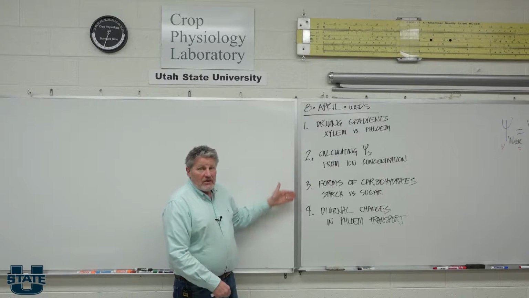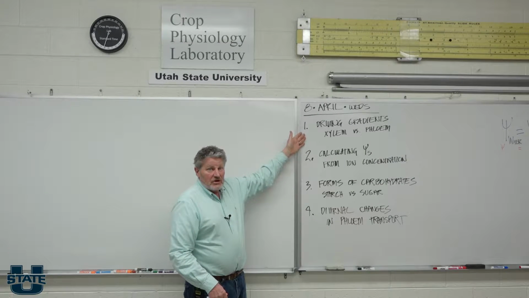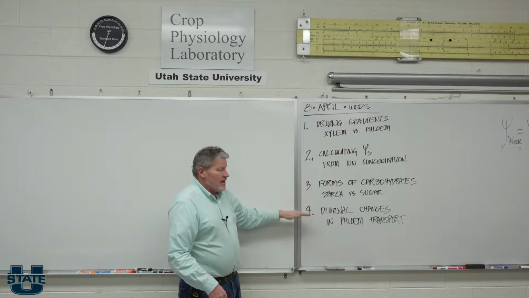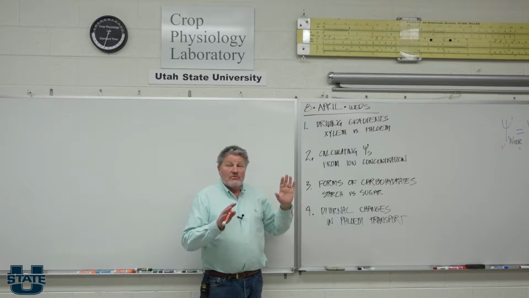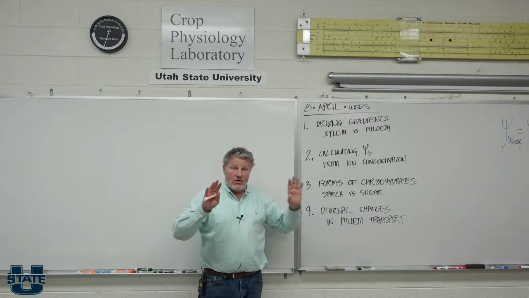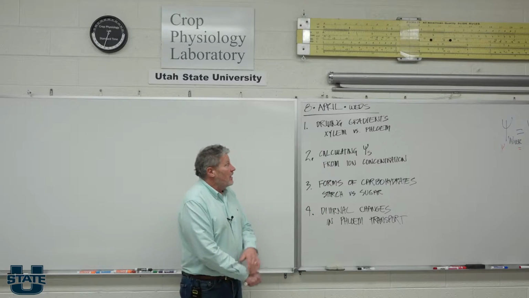This one I'm going to talk about today is driving gradients for movement in the phloem, and then converting that step by step to harvest index and carbon partitioning, because all that movement to fruits has to be in the phloem.